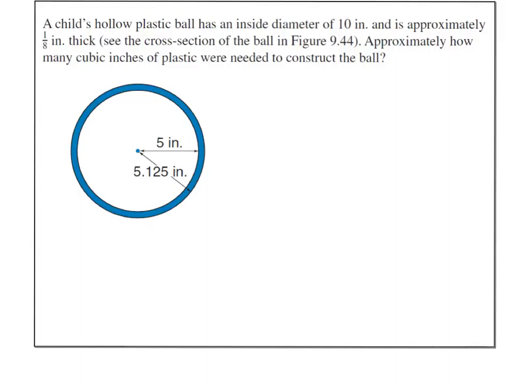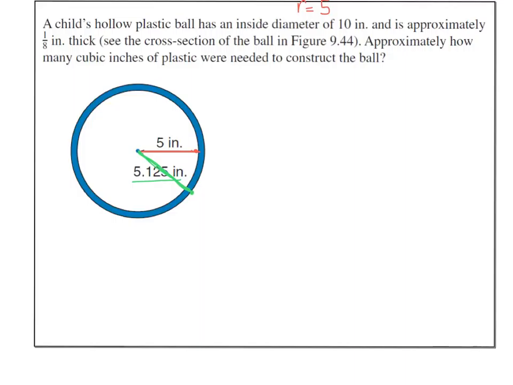So we know the diameter is 10, so that tells me that my radius has to be 5, and that's how we got this radius right here. And then if you notice that the ball is actually a little thick, it has this piece here that we're adding on to it, and that's 1/8 inches. So that's how we got this thing all the way out to the edge, whereas the other one is just going right to the inside.